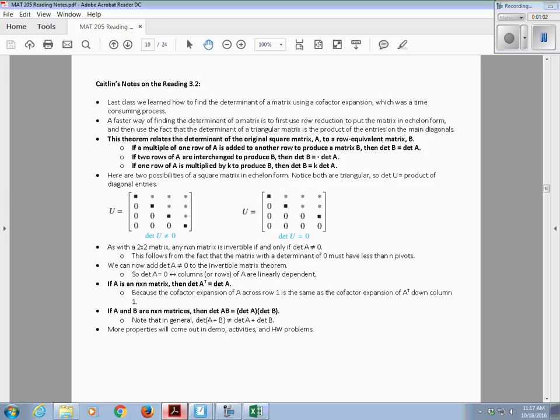If you interchange two rows, just swap their places, then the determinants of those two matrices are opposites of each other. The sign just changes. And if you multiply one row of a matrix by a constant, then we already learned this one in the last lesson, right? That if you multiply one row by a constant, then the determinant also changes by that same factor.